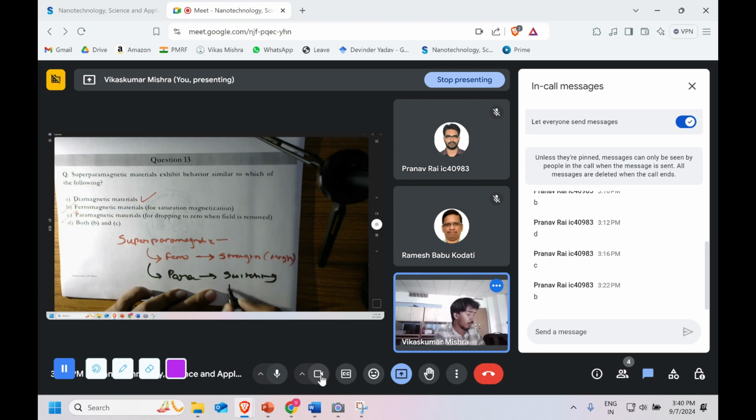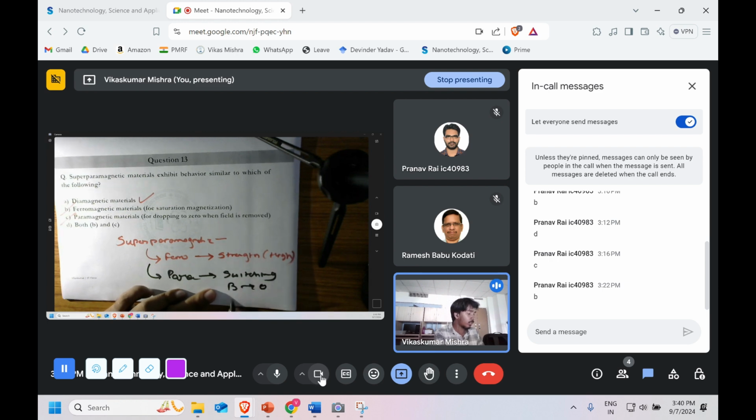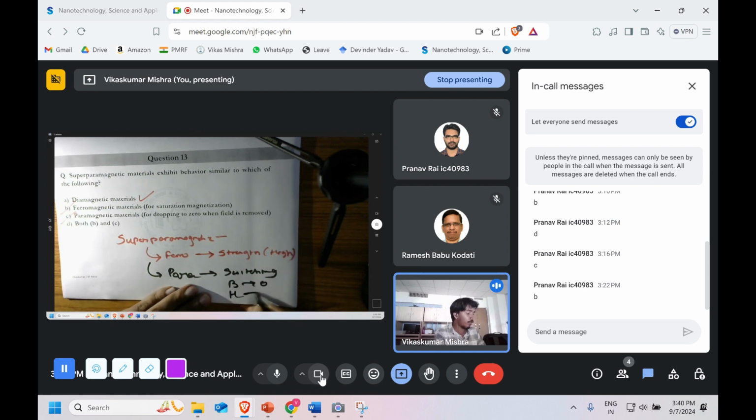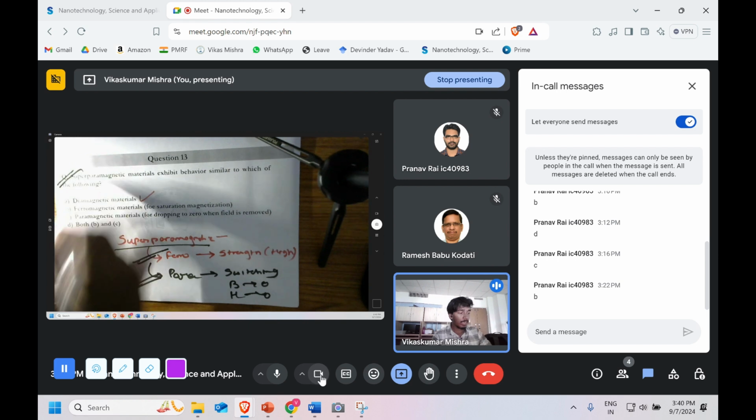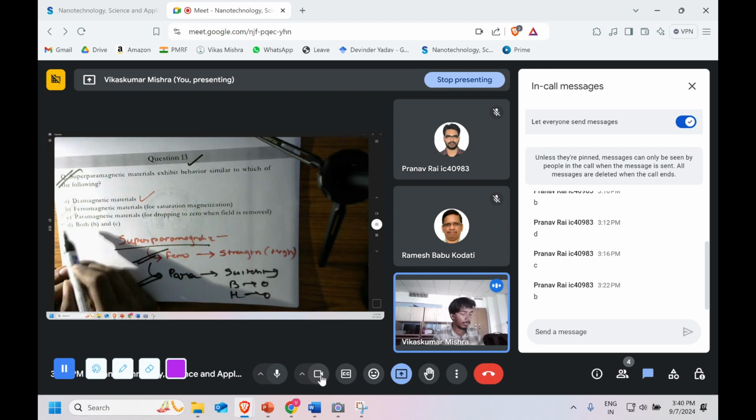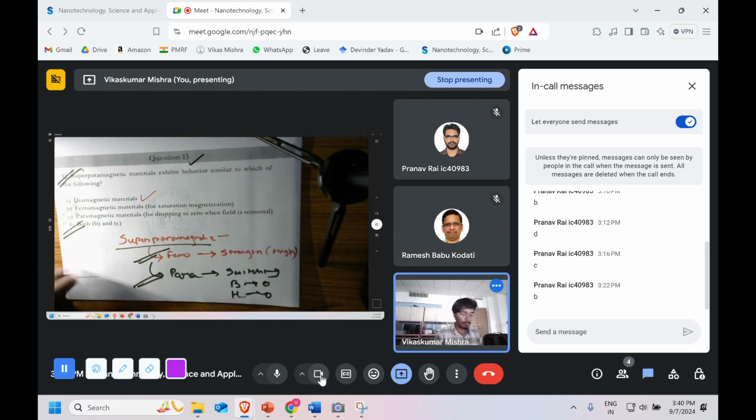That is, from a certain high field of B directly to the zero when the H has moved from some value to the zero, the switching is quite fast. So we are aware that it is a combination of the ferro and para. So superparamagnetic is a combination of both of them. With that we have answered this question number 13. The right answer is option D.